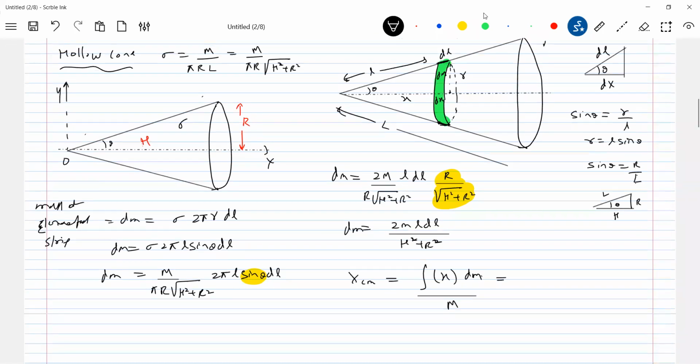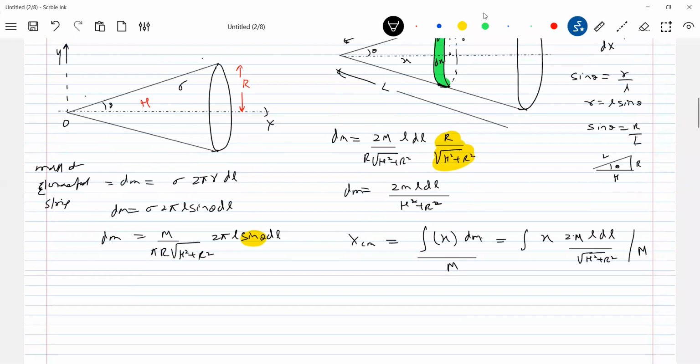Okay, now substitute all this. So substituting this one, x, this will be 2m L dl over h square plus r square, all divided by m. This m will get cancelled. So the root of h square plus r square, we can take outside.